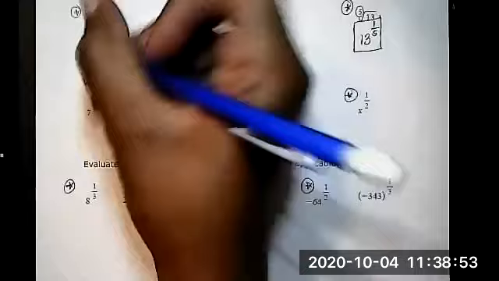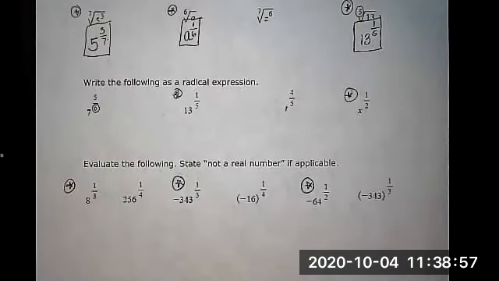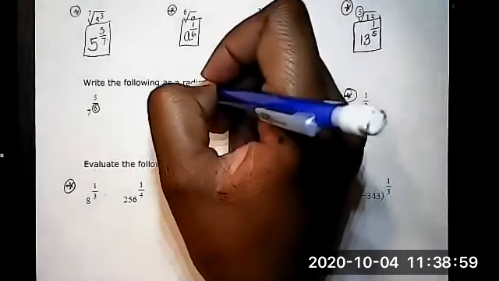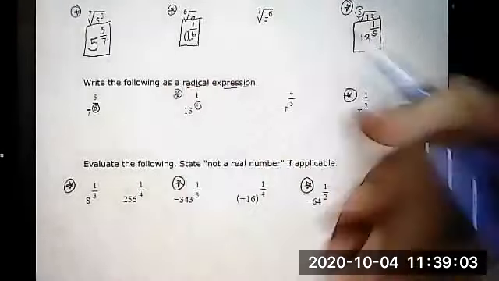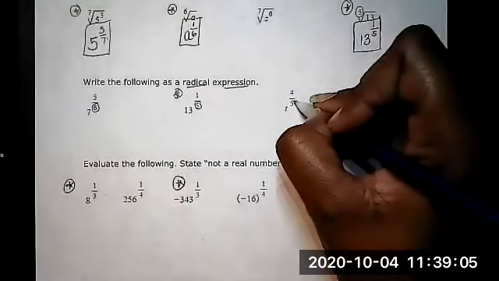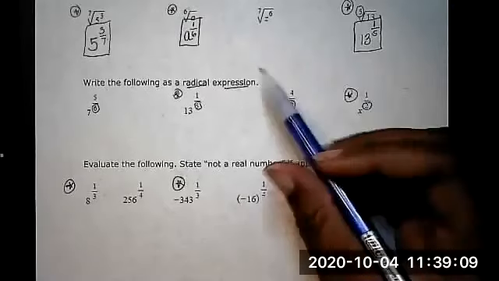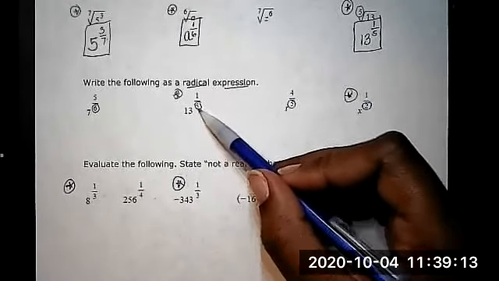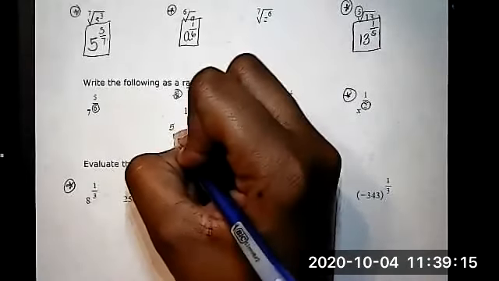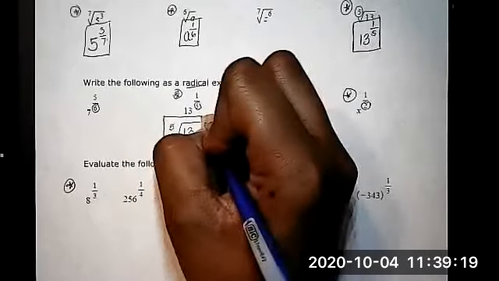So like I said, the denominator is your root. So all we're doing is writing it in radical expression. This one is your root. The 5 is your root. This 2 is your root. So how are you going to write this? There's a 5 right here, so this becomes the 5th root of 13 to the 1 power, which is just 13. Okay.